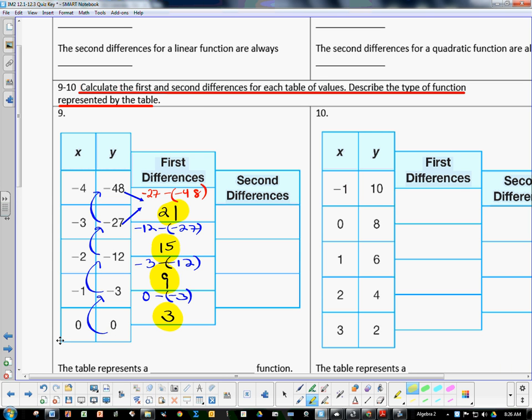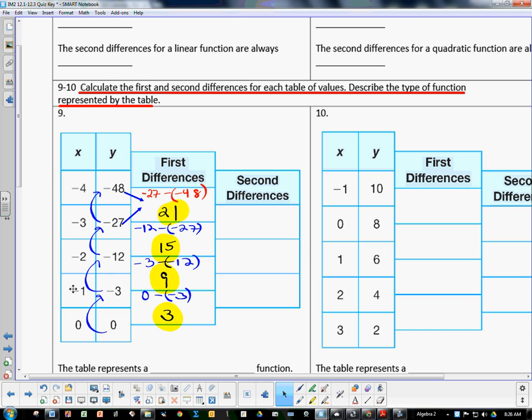Does anyone know? If you watched carefully last week, these x coordinates have to be... No, not negative. What's it called? Not the same. They have a common denominator. No. Okay, in order to find first differences, this is what happens.